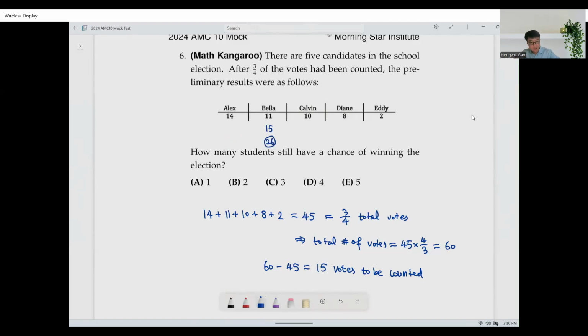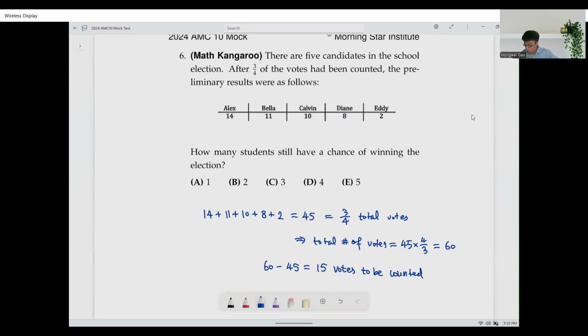That is the highest number of votes. So Bella can win. If all these 15 votes go to Calvin, he will have 25 votes, and obviously Calvin will win this election. And if all 15 votes go to Diane, she will have 23 votes. That's still the highest number of votes. So Diane has the possibility to win the election.